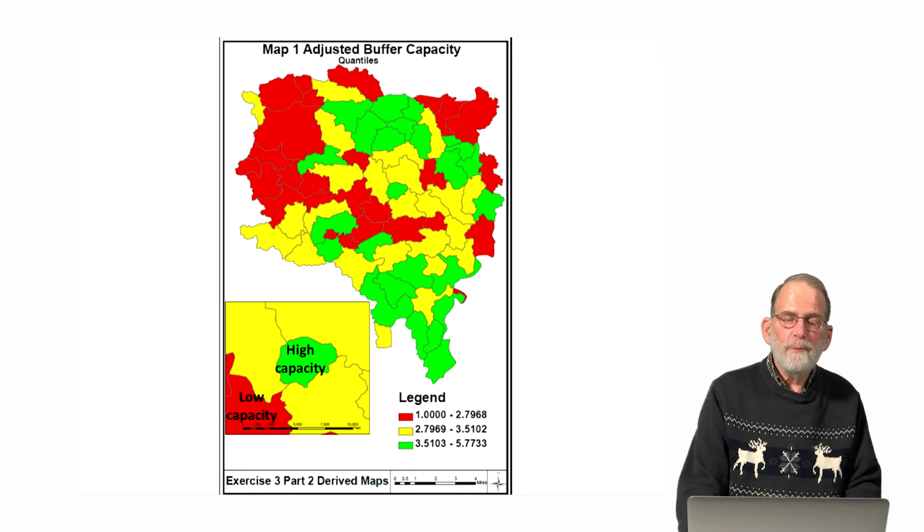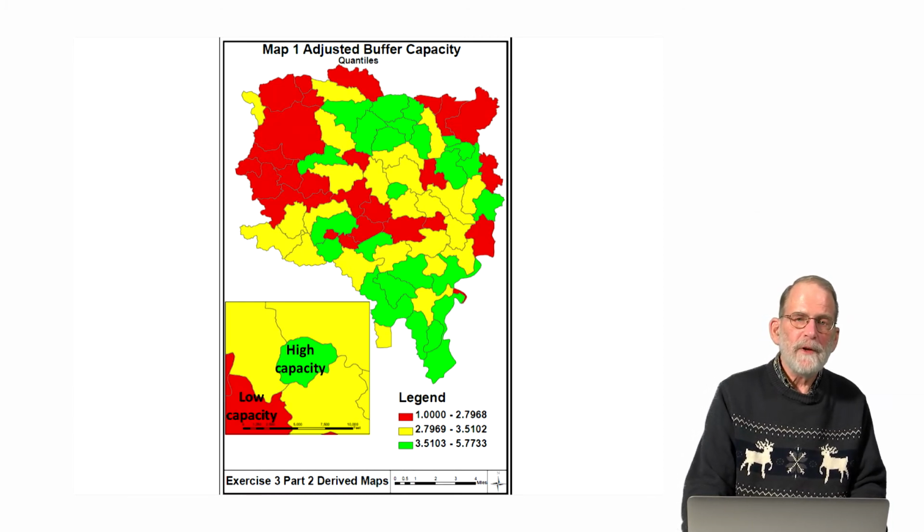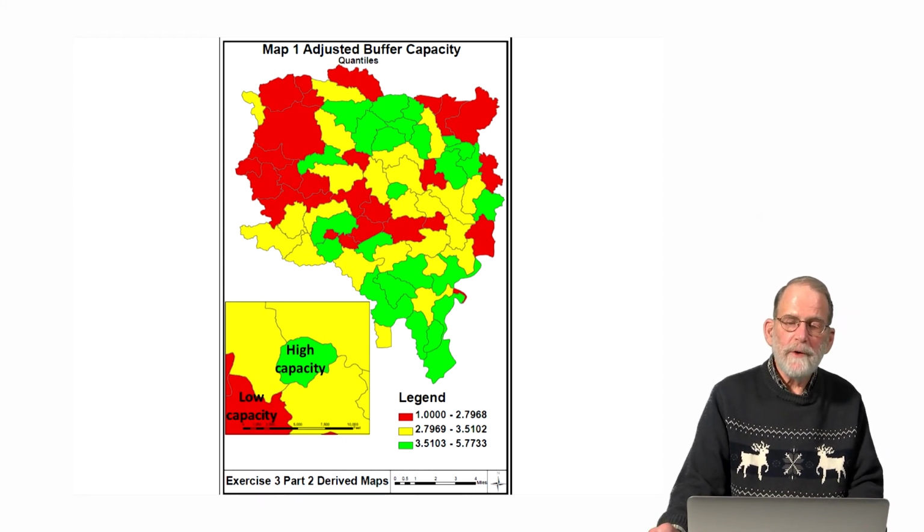This map shows buffer capacity. This is the capacity of the buffers in between the upland areas within each of the sub-watersheds, the capacity of those buffer zones to mitigate the flow of contaminants from upland area into bottomland areas.